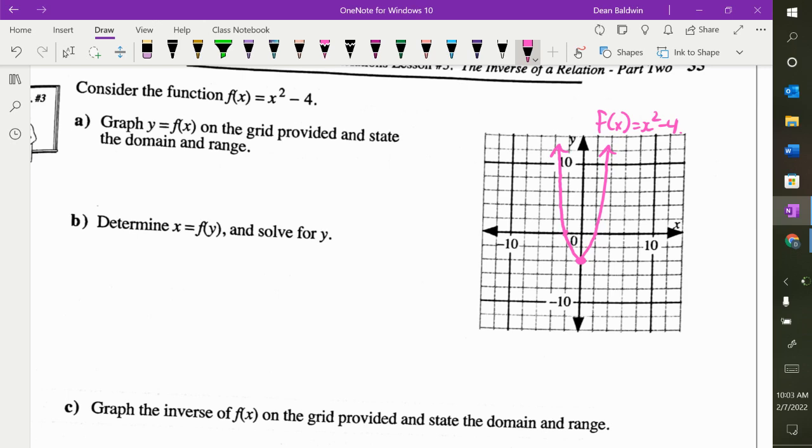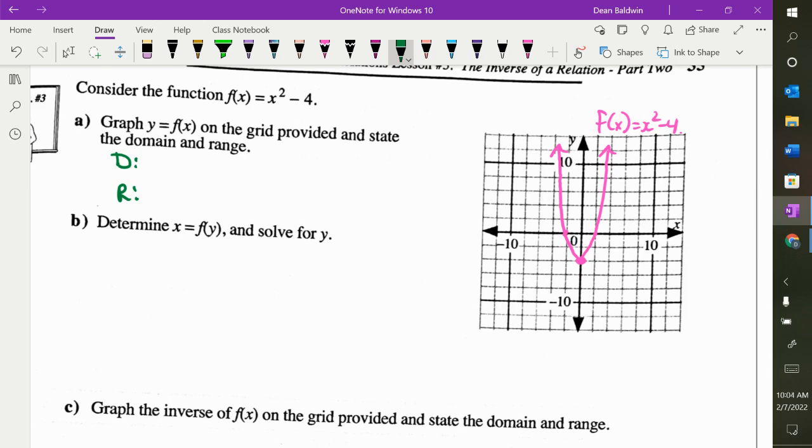We've done that. We need the domain and range of this graph. Do we remember domain and range? I saw some people did it on the quiz. That was awesome. I didn't ask for it, but that's okay. What is the domain of this graph? First of all, when do you have domain restrictions? I gave you 2 options. Does anybody remember them? When you have a square root, because you cannot square root negative numbers.